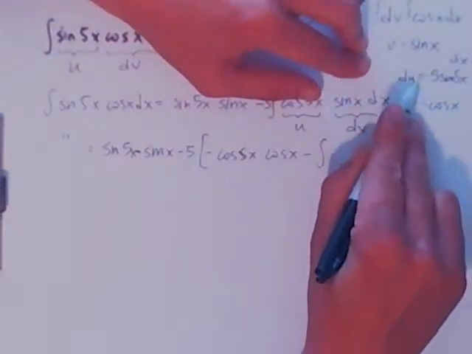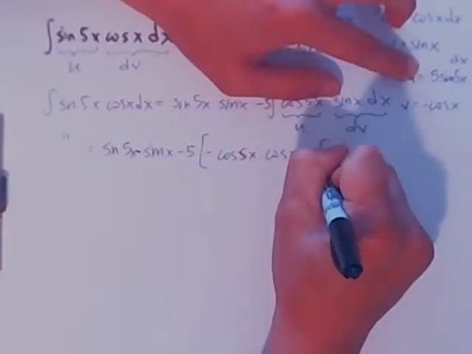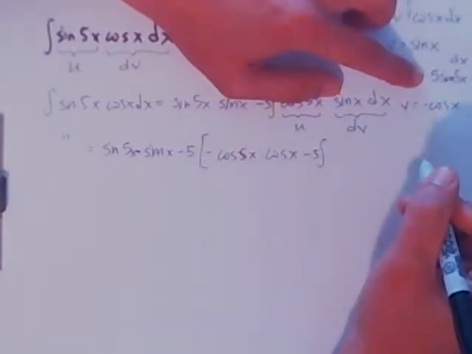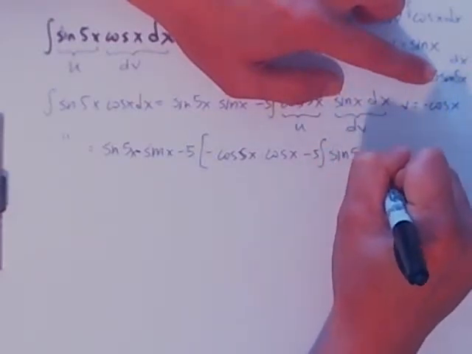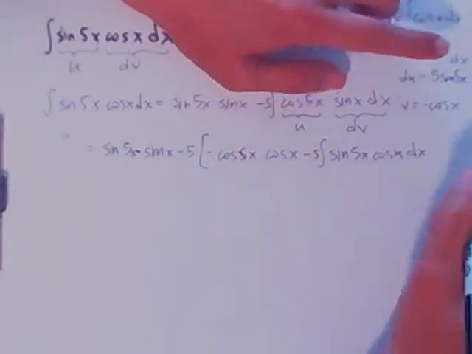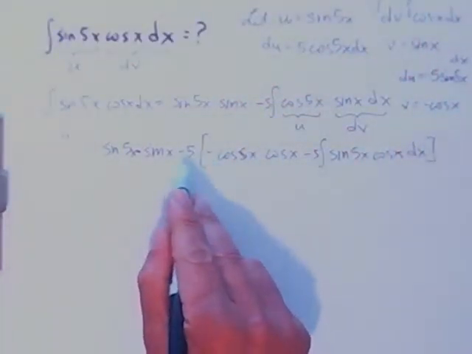The two negatives cancel and become positive, so it's going to stay the same. I'm going to factor out a 5, and then it becomes sine of 5x cosine of x dx. And then I'm going to distribute this out. The negatives cancel.